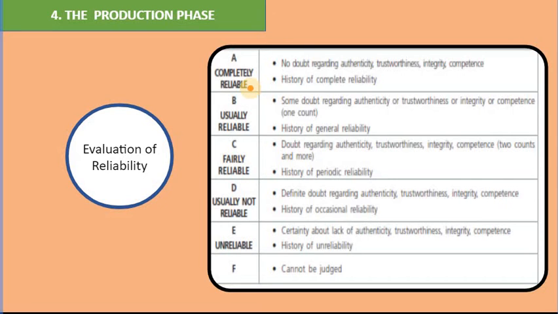And then we have letter E, which means U. C-U-F-N-U. It means unreliable. And the last one is letter F, which stands for the letter R, reliability cannot be judged. Again, just remember the word kufnur. Para hindi kayo nalilito.